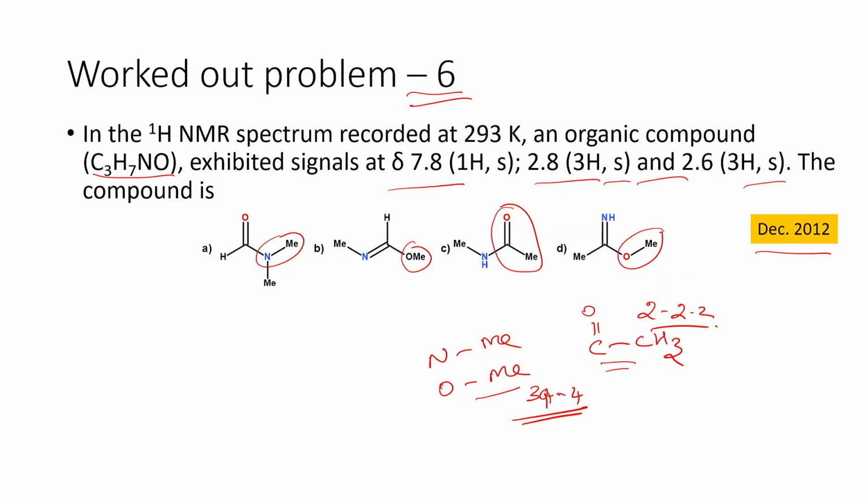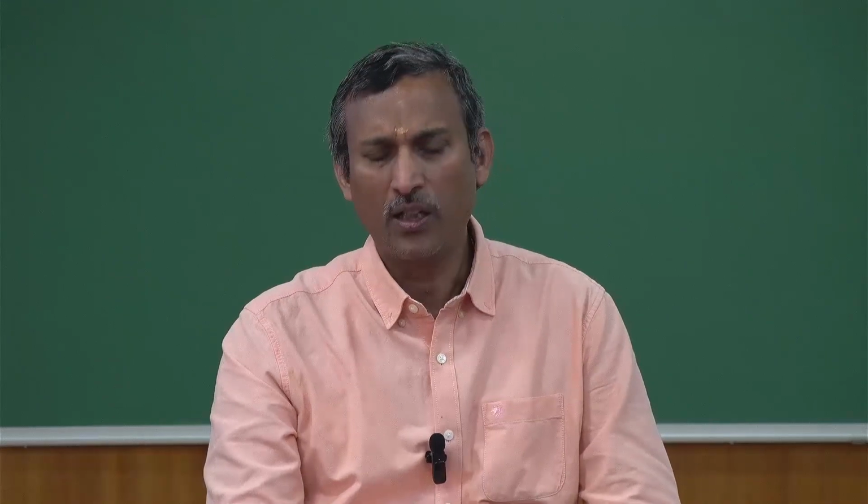The N-methyl comes close to 3 ppm or so, depending on where they are present. Based on that, we can say whether an N-methyl, O-methyl, or acetyl group is present. We can easily figure it out.